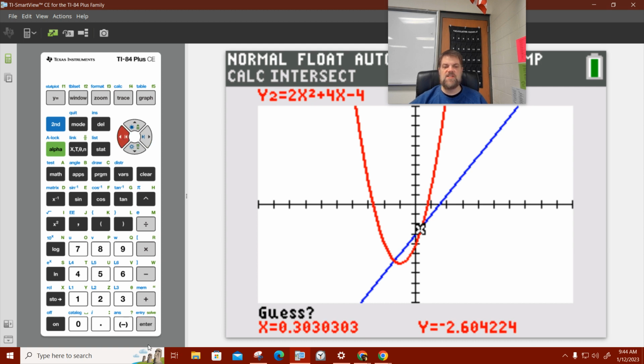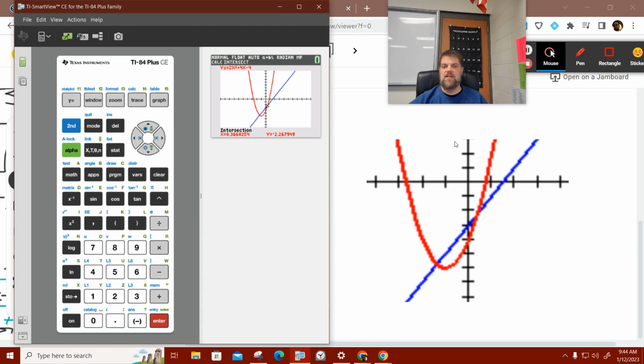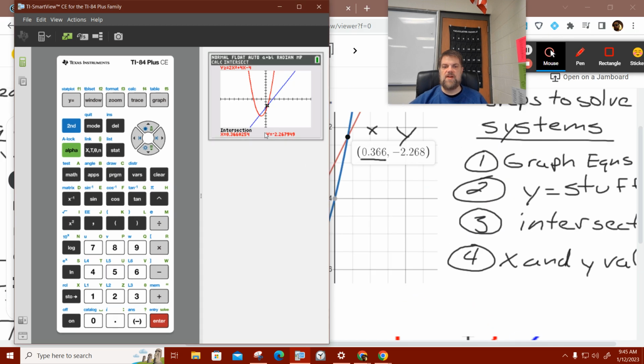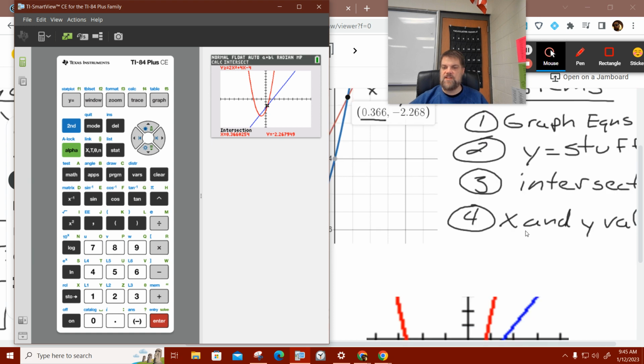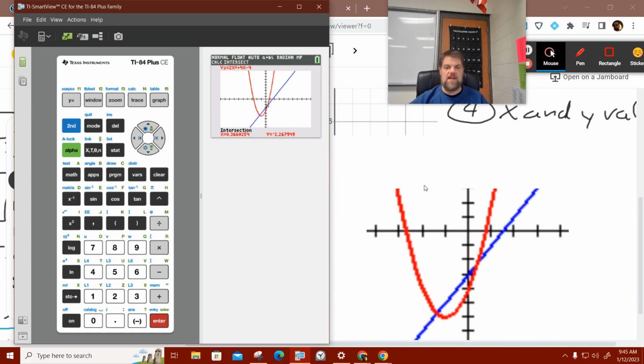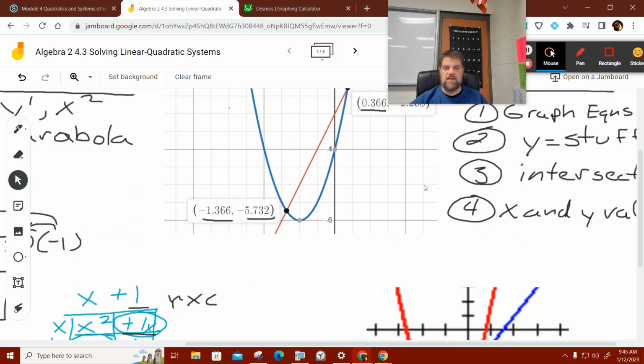That's as close as I'm going to get it. I hit enter. Look at that. That's the exact same thing as this right here, isn't it? I mean, it's rounded, but aren't those the same answers? Yeah. So that's correct. So I'm going to pencil that in here.